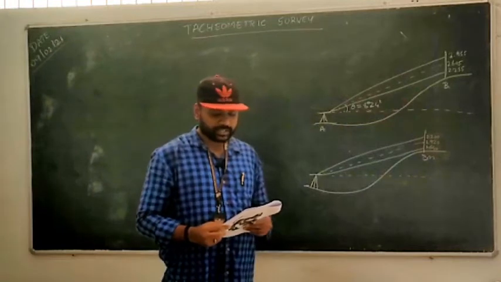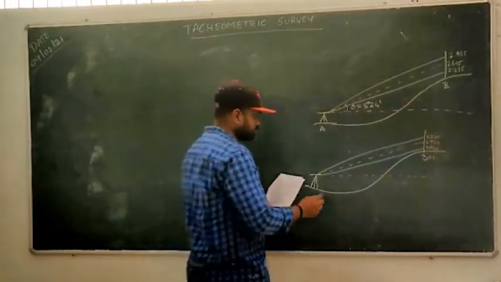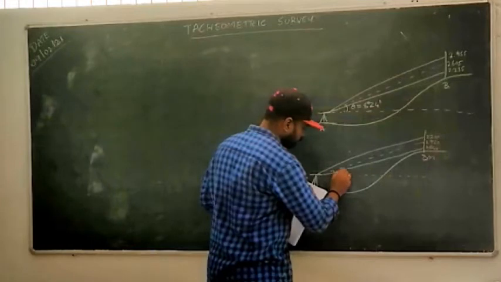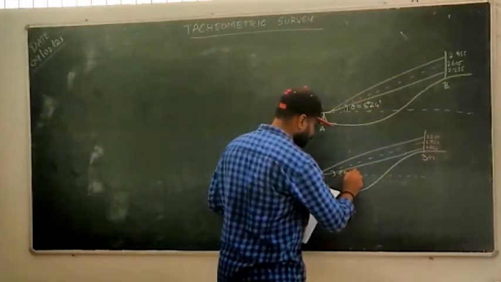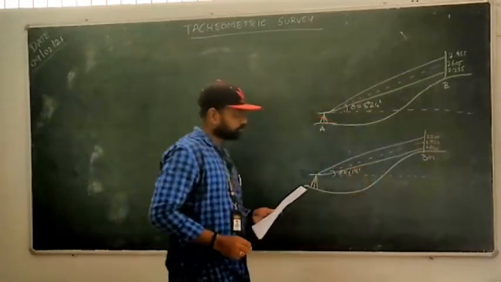The inclination of the line of sight being plus 1 degree 6 minute.